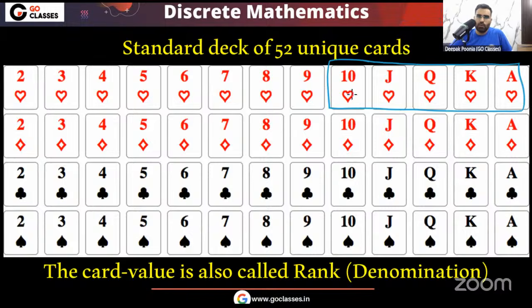Yes or no? For the heart suit, this is the only royal flush that is possible, because royal flush means 5 cards in the same suit, and these 5 values must be there: 10, Jack, Queen, King, Ace. So if I consider a particular suit, then there is only one royal flush.